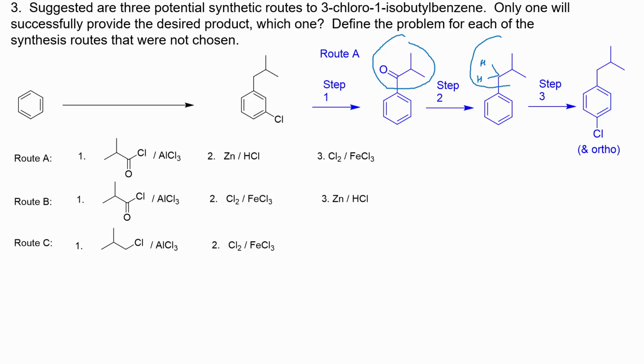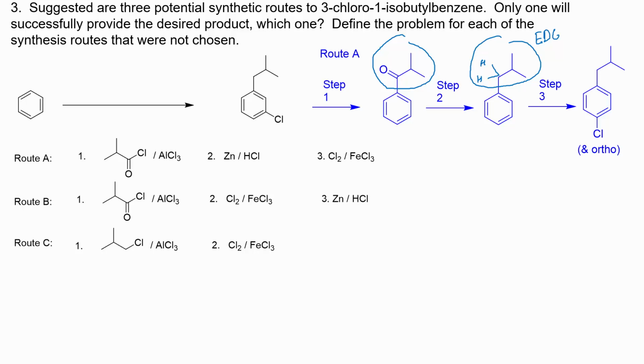But at this point, we have an electron donating group in our system, and this is of course an ortho-para director, so we're not going to get the right product. We're going to get the product where chlorine is either para as depicted, or it might be ortho.